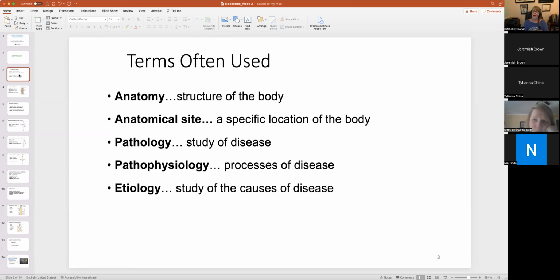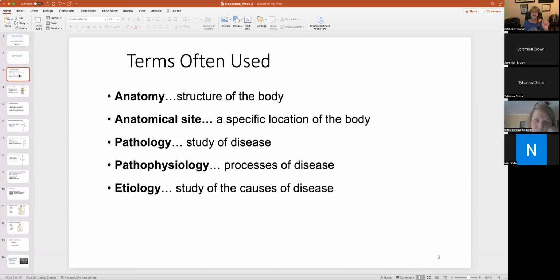Okay, that is an example. The staging of cancer is an example of the pathophysiological study of that particular cancer, because it explains how far the disease has progressed.